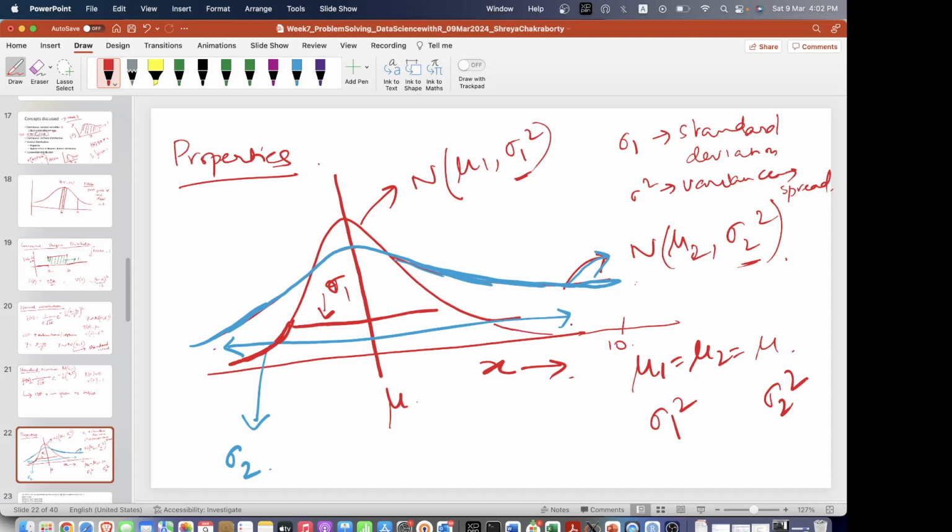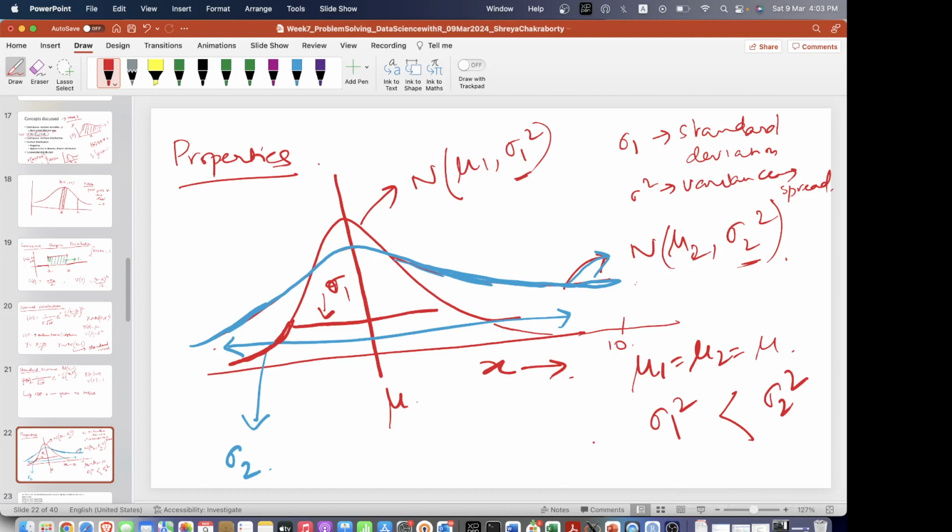In such cases the spread of this distribution is way less than the spread of the blue distribution. These are all relative quantities. So here we can say that sigma1 squared is less than sigma2 squared. That is, the variance of the red curve is less than the variance of the blue curve.